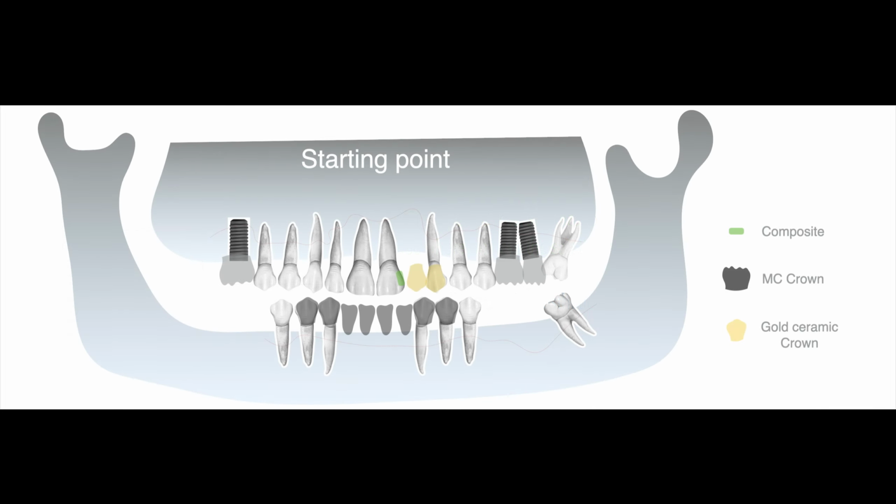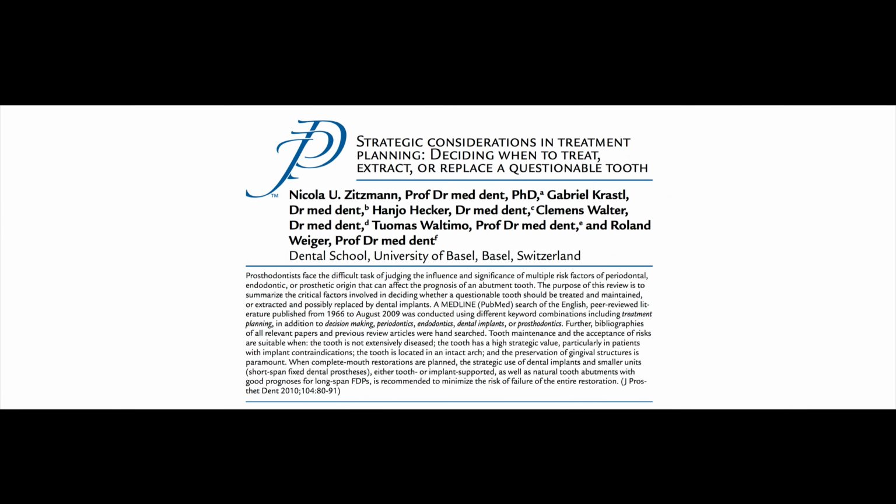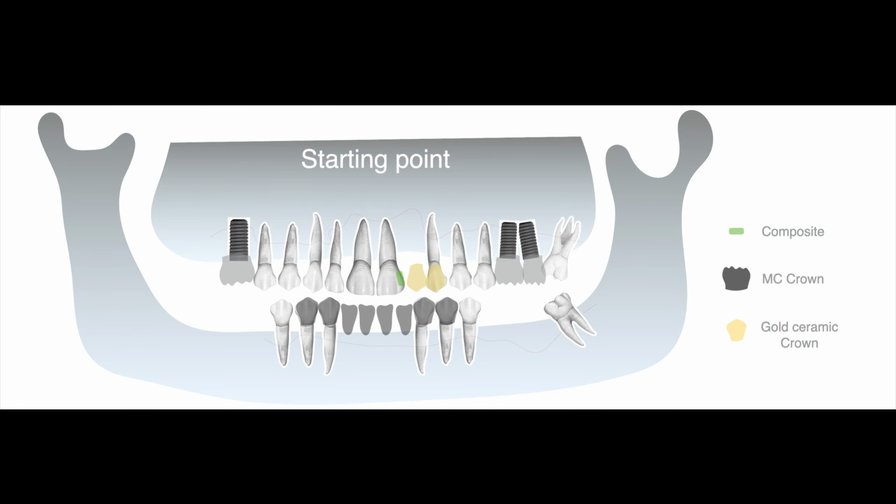So this is a diagram of the starting situation, nothing new. And before anything, we follow an article that says, if we have all these teeth here, I went back to the previous X-ray, what can we do about them?